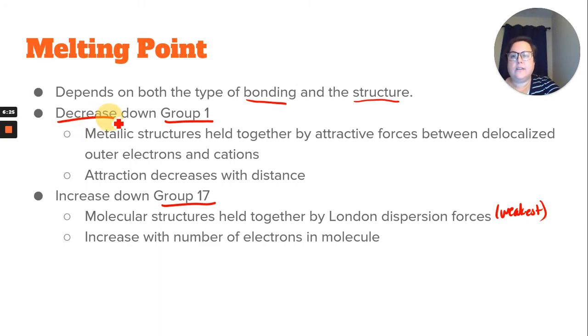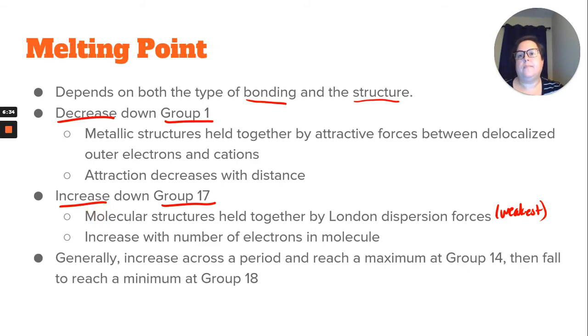So again, you decrease down group 1, but you increase down group 17 for the melting point. You have to look at them as two separate ones. Generally, across the period, you kind of reach a max at group 14, and then you come back down. So it's like you're increasing as you're a metal, and then you start decreasing again when you go to the non-metal side.